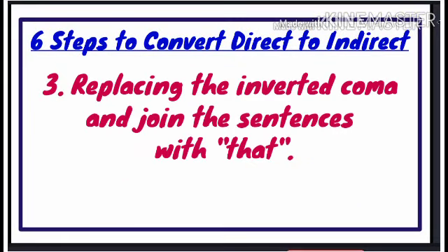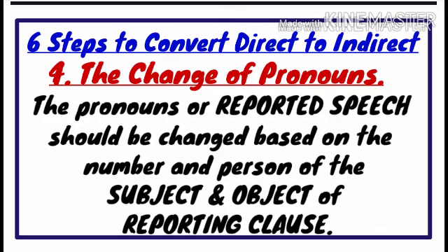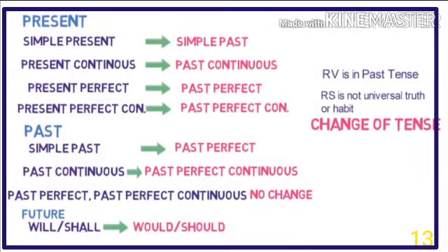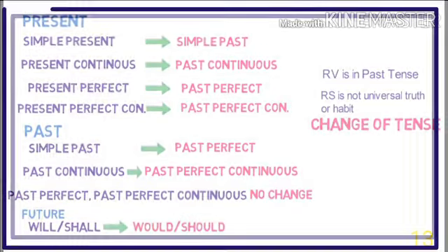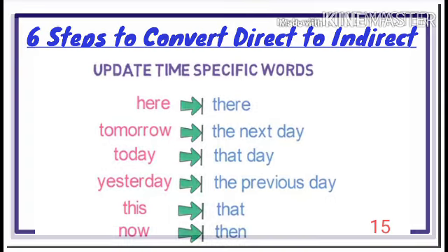Thirdly, we have to replace inverted comma with that if it is a statement, or if or whether if it is a question. Fourth one is change of pronouns as per the rules. Fifth one is change of tense as per the rules. And the last one is change of time related words.